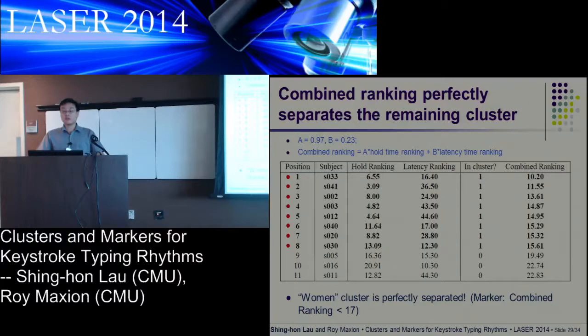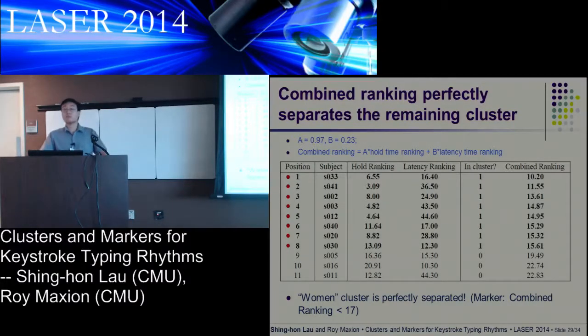The question of whether or not the same subjects typing different things would produce the same clusters: if you're talking about a fixed text, especially something like a password, where people tend to have very distinctive ways of typing that password, I would be less confident about saying that these clusters are likely to remain constant if I change what the text being typed is. However, as a general comment, if we're taking, say, free text, I would expect those to stay roughly the same, barring very unusual changes in the stimulus item.